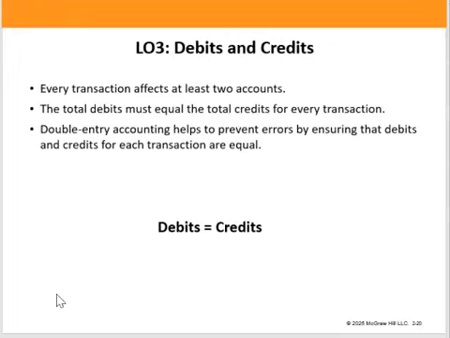As we saw, for every transaction we did, at least two things happened. We provided somebody with a service and we got cash. We bought something, we paid cash. Or we bought something and it created an accounts payable. So there's always at least two things that happen.